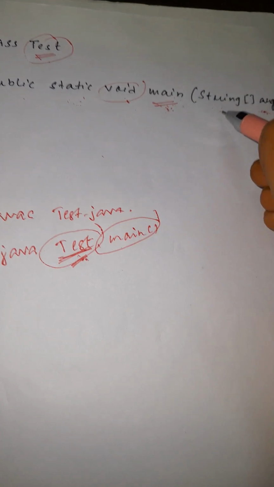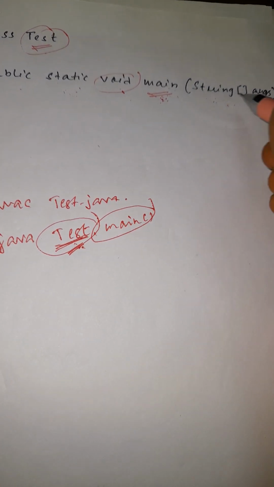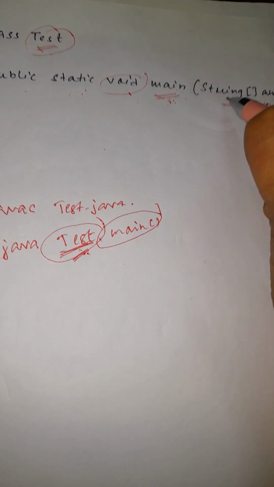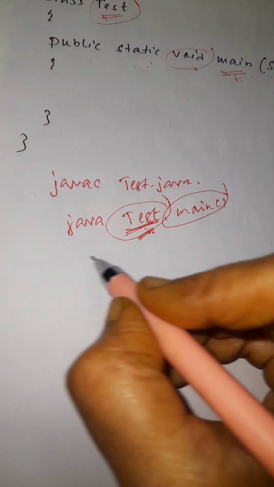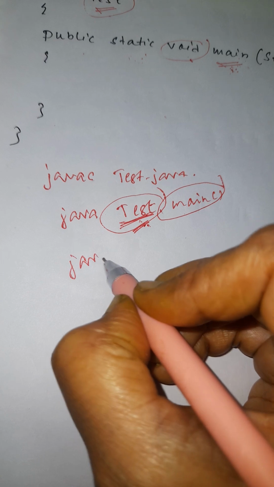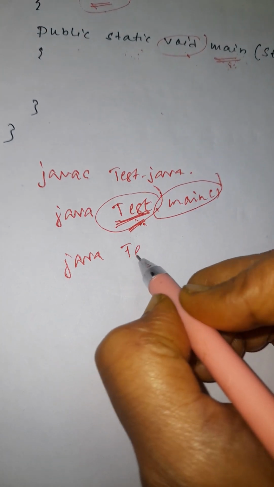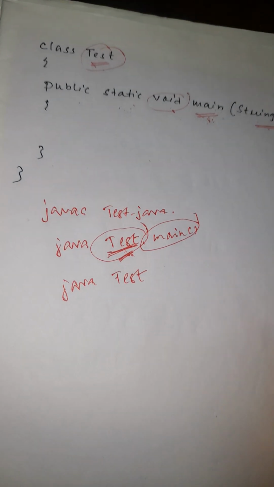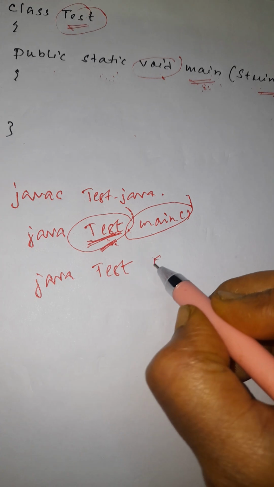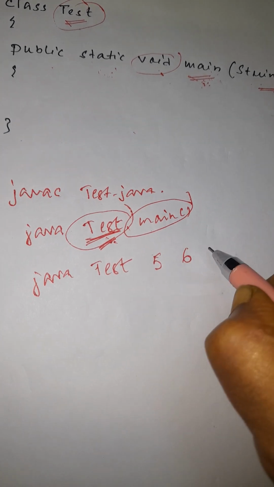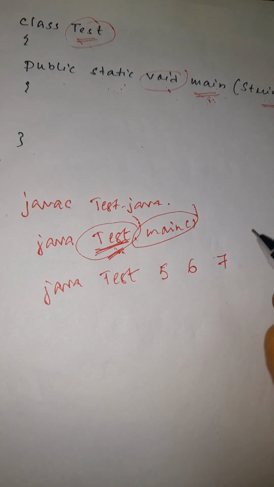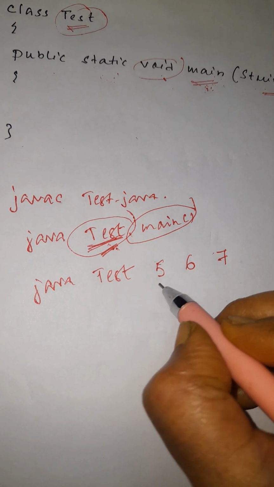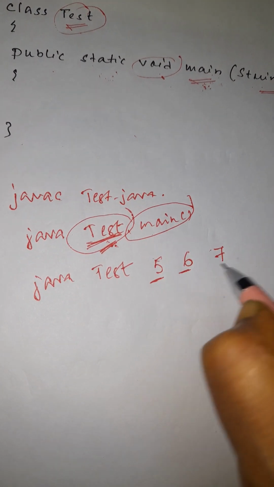Clear? And now this String args is parameter passing. What is this parameter passing? When you execute your program, maybe java Test, you can pass values to your main function. So here I pass 5, 6 and 7.